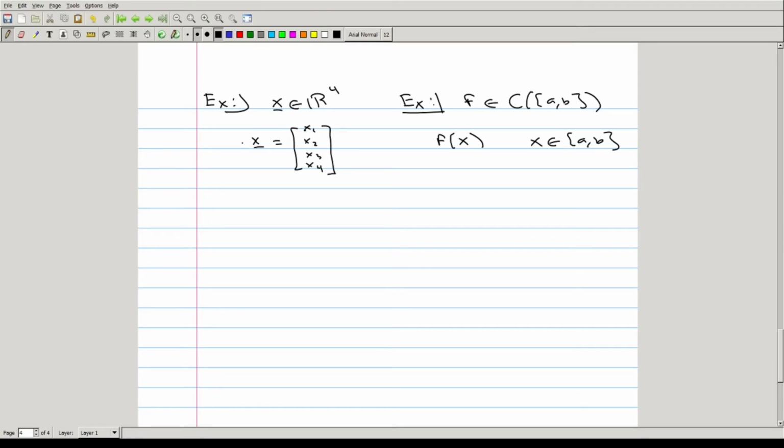So just like we think of a vector as having components, if x is a vector in R4, then x has components x1, x2, x3, x4, where each one of these is a real number. And we can think of a function as being a vector in this infinite dimensional function space, or infinite dimensional vector space, where the values of this vector are indexed by the value x, whatever x is.